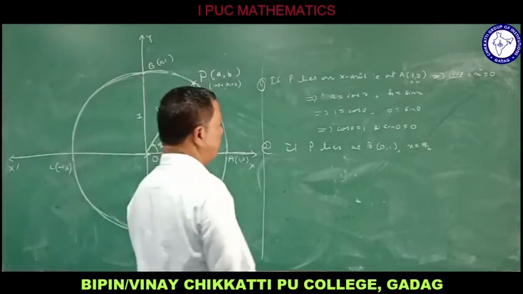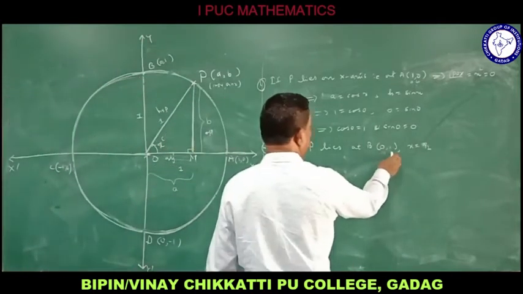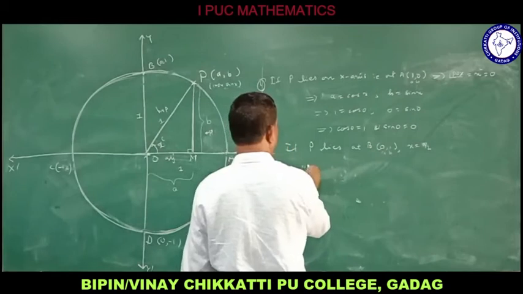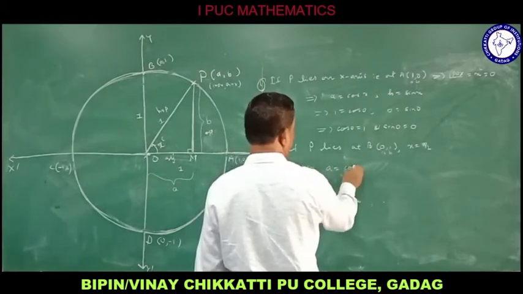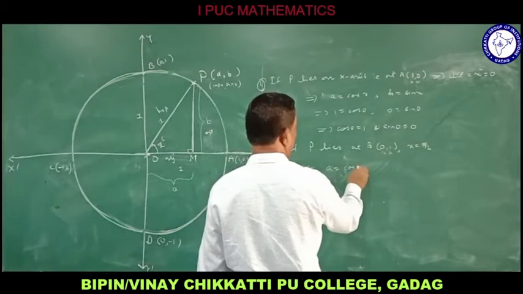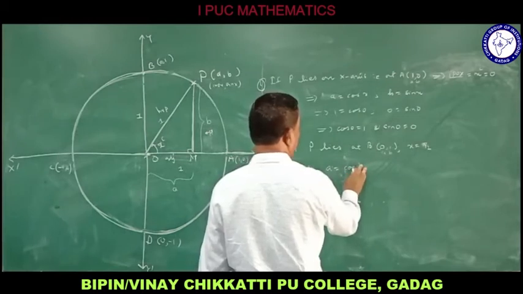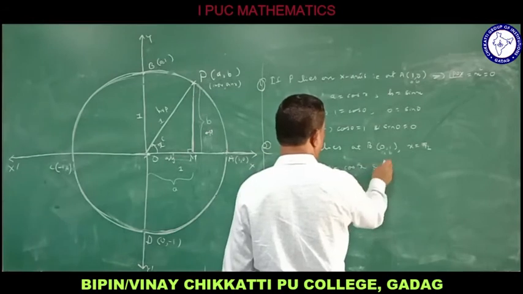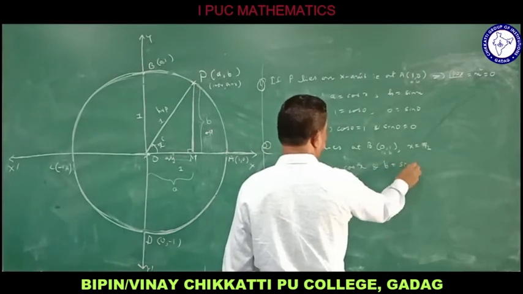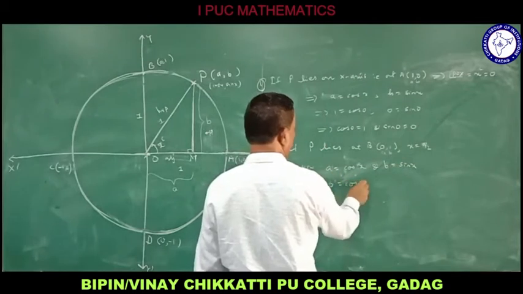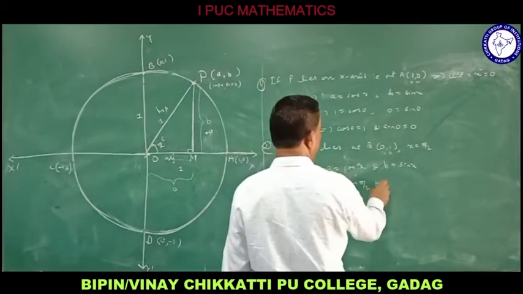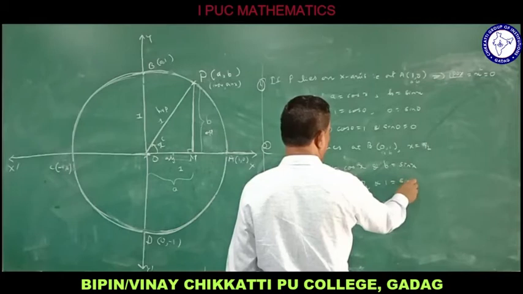Now, you see this. This is A, this is B. And now A is equal to cos X, and B is equal to sin X. A means 0 is equal to cos pi by 2, and B means 1 is equal to sin pi by 2.